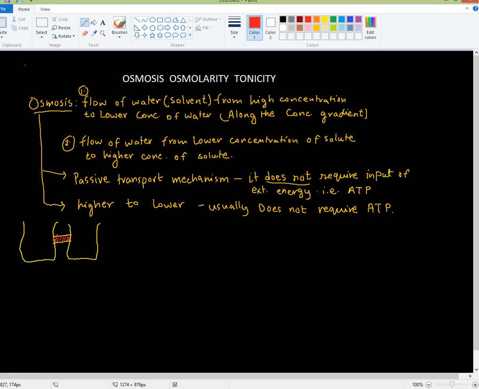Flow of water from higher concentration to lower concentration along the concentration gradient through a semi-permeable, that's very important, membrane.